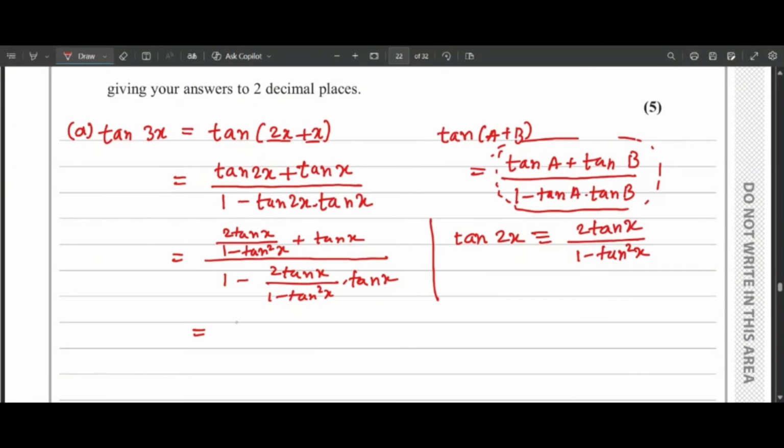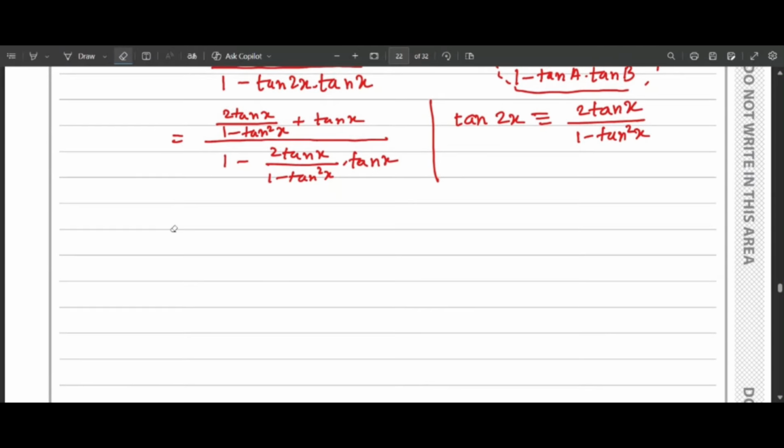Now if we simplify, we can take the LCM and combine the fractions in the numerator, which will give us 1 minus tan square x as the denominator of the fraction in the numerator, and then we can write 2 tan x. I can write it more clearly if I take a bit more space.